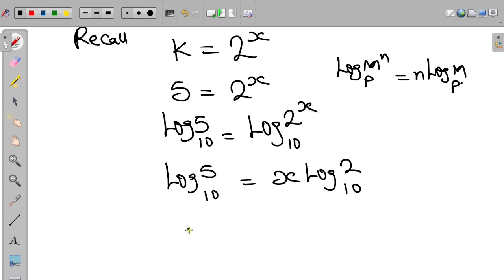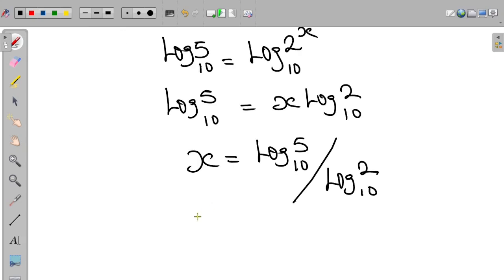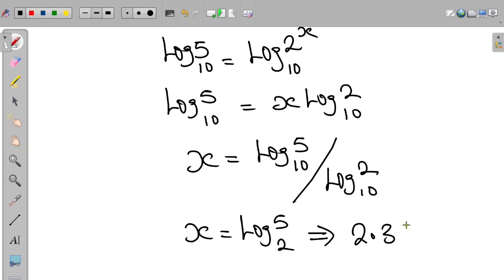So therefore, x at this point is equal to log 5 in base 10 divided by log 2 in base 10. So the value of x is equal to log 5 in base 2, which is approximately equal to 2.322. So at this point, we have been able to obtain the value of x.